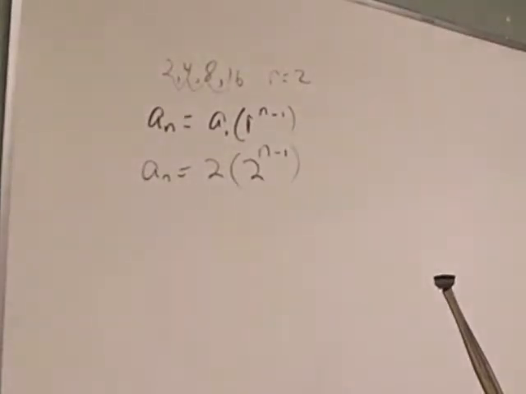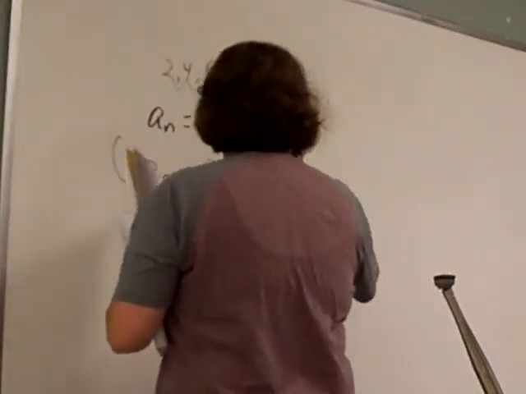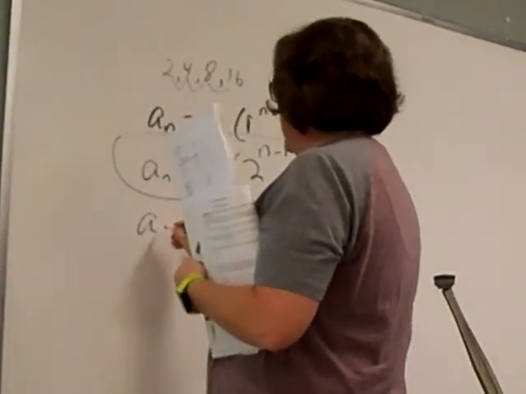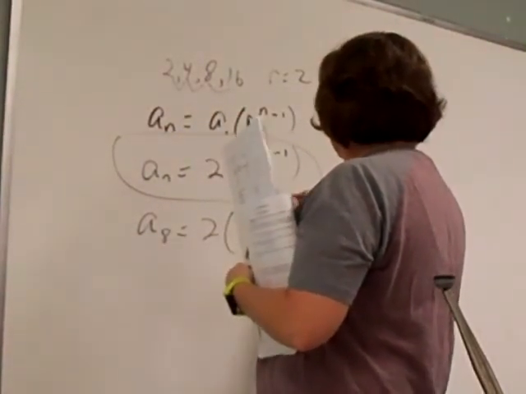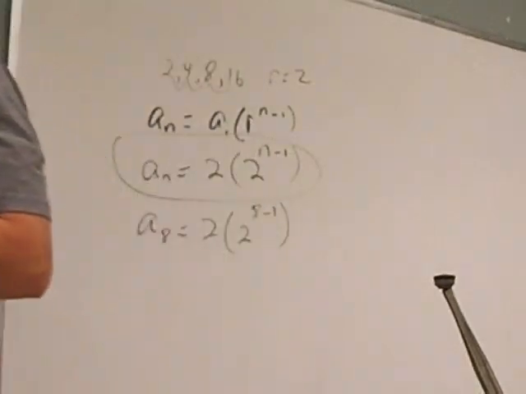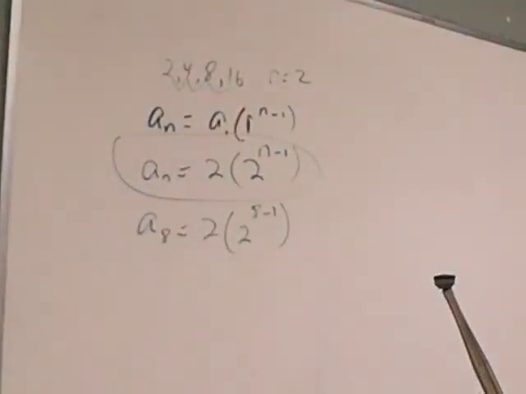So we're going to take that equation, let me circle that for my answer, and plug an 8 in now. Okay, so looking over there, we know on that exponent that 8 minus 1 is 7, right? So we've got 2 times 2 to the 7th power.